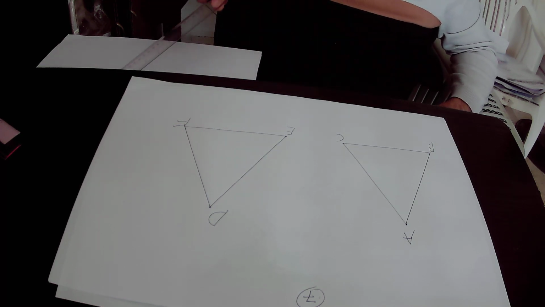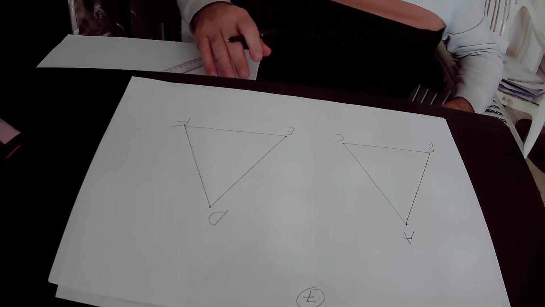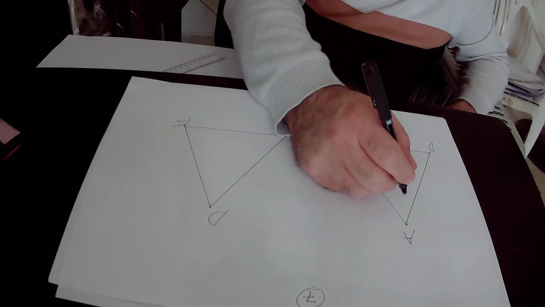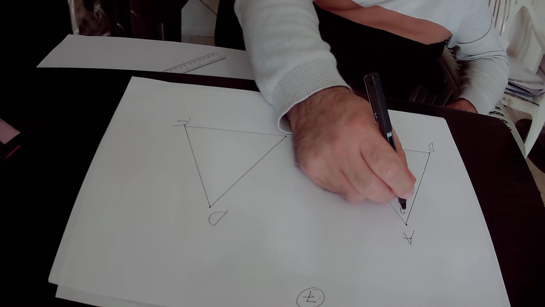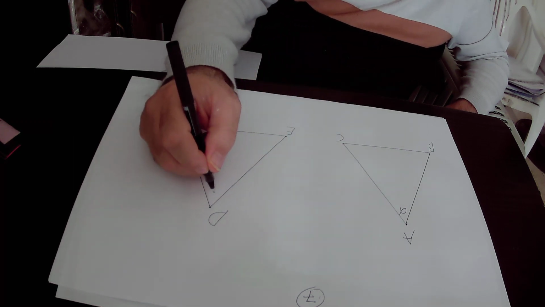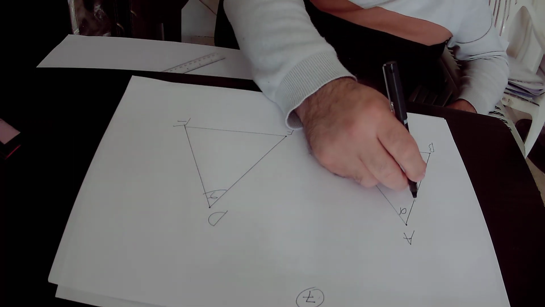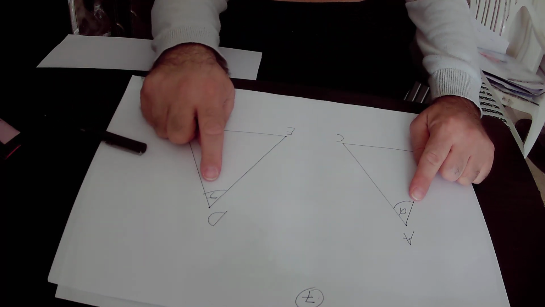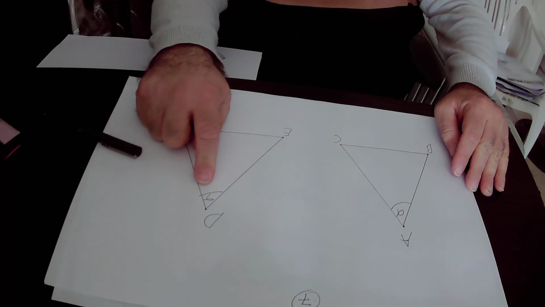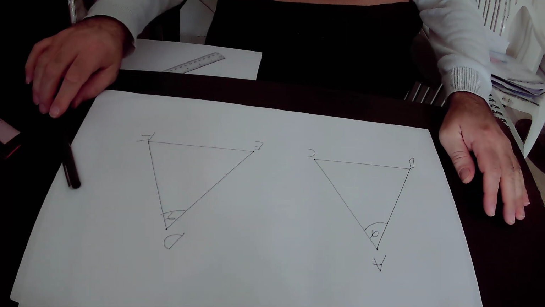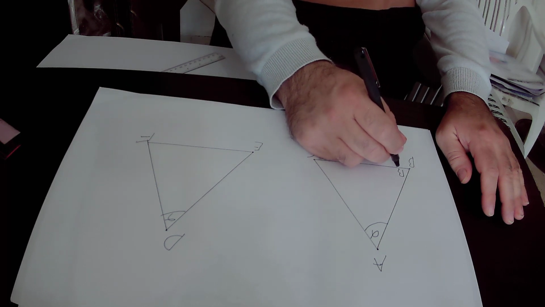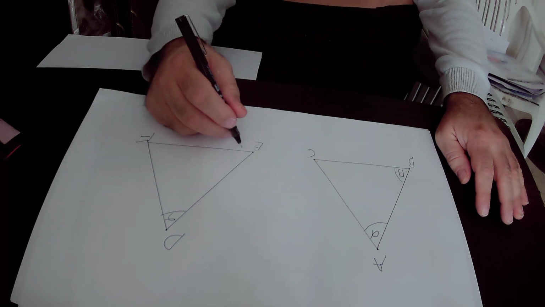In those two triangles we have two pairs of congruent angles. The first pair of congruent angles are those angles. They are both equal to alpha, and we have the second pair of angles that are also congruent to each other.